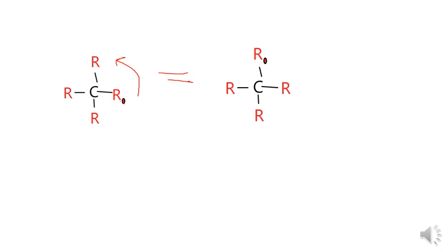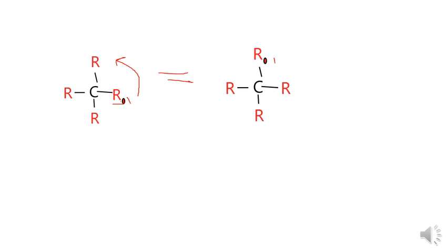So if I call this special red one methane, this one is still going to be special red one methane, because now instead of the special one being here, it is now on top.